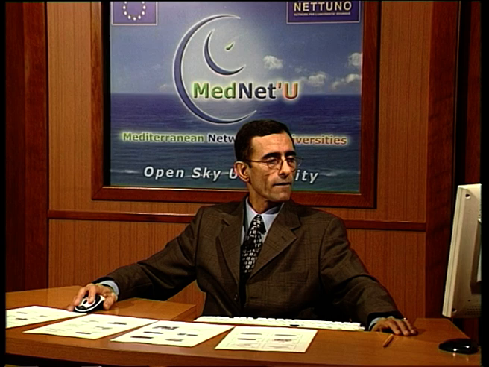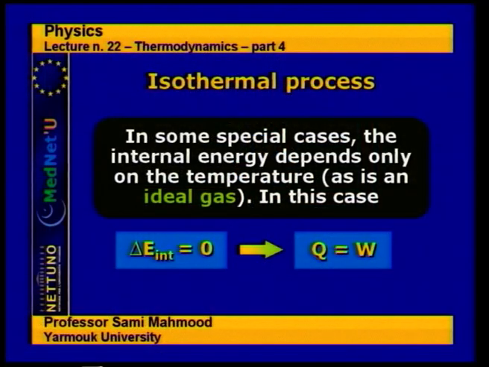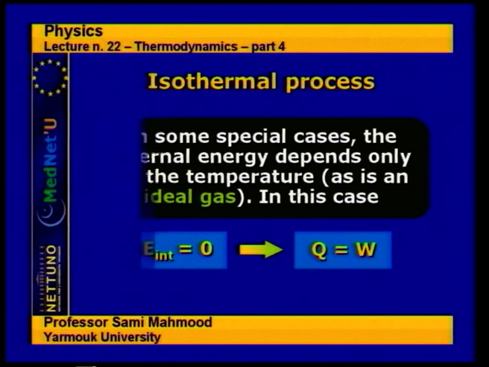And in this case, the first law of thermodynamics tells us that for an isothermal process, Q is equal to W. So the system absorbs heat and does work on the outside environment.